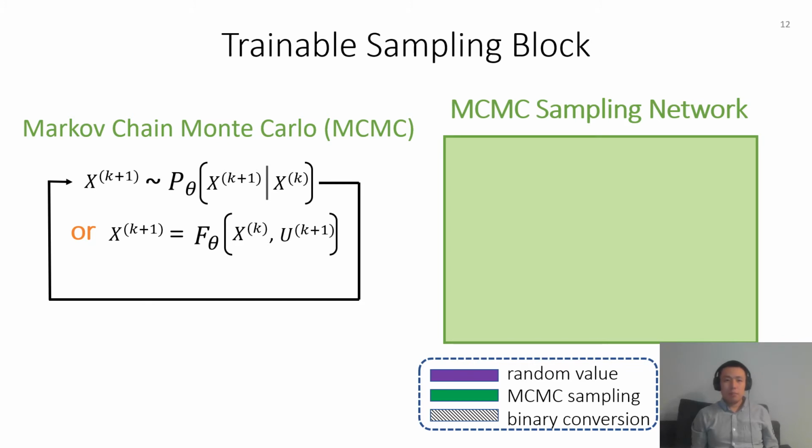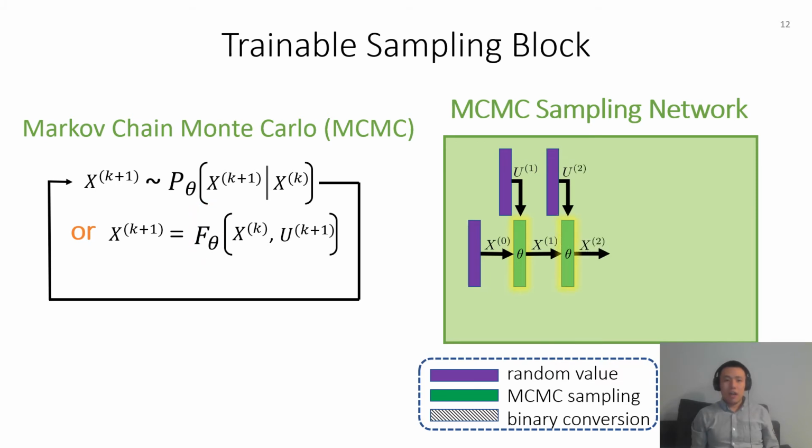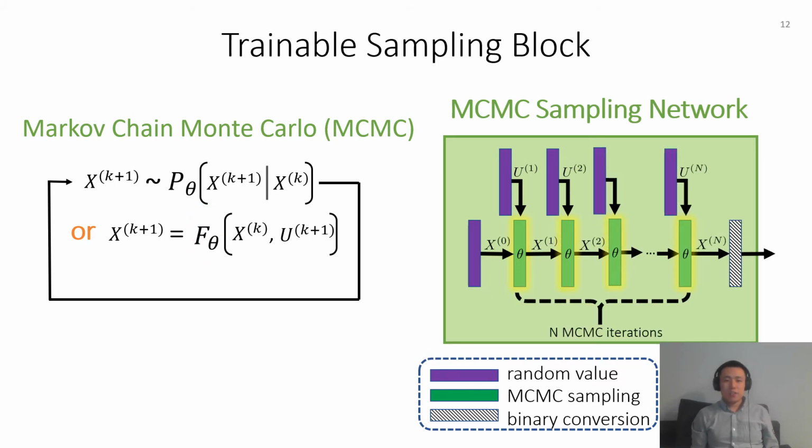It takes the sample from the last step and the random perturbation as the inputs, and outputs an updated sensor selection design. All layers have shared trainable weights, which adjust the activity and correlation parameters in an Ising model.